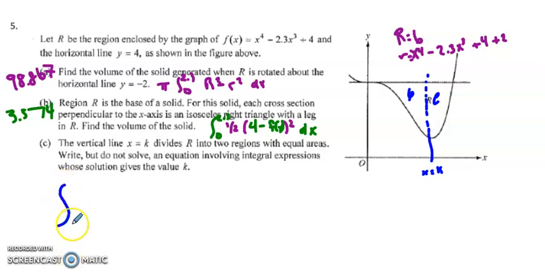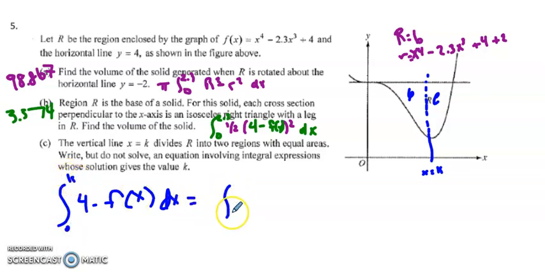So we basically need the area of 4 minus f of x from 0 to k. K will be my upper limit of integration, equals the area from k to the intersection point between the curves of 2.3 of 4 minus f of x dx. And that is your entire setup.